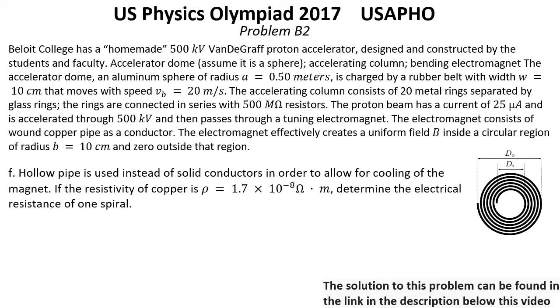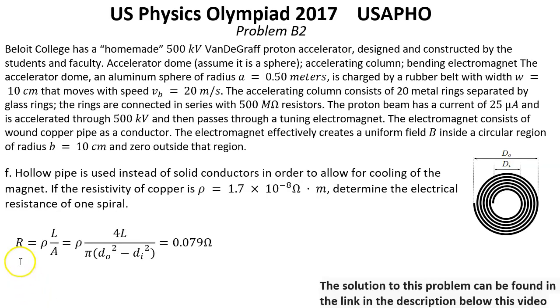Solution for question F. We can use a formula for resistance using resistivity, length, and cross-sectional area. That will be this expression, and after putting in numbers we have 0.079 ohm. That was the solution for question F.